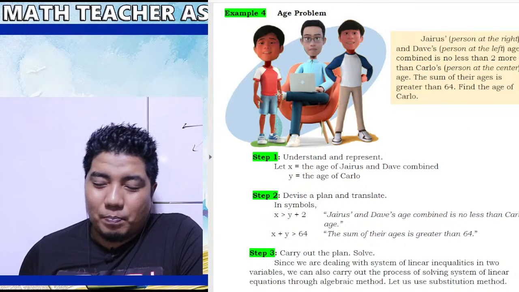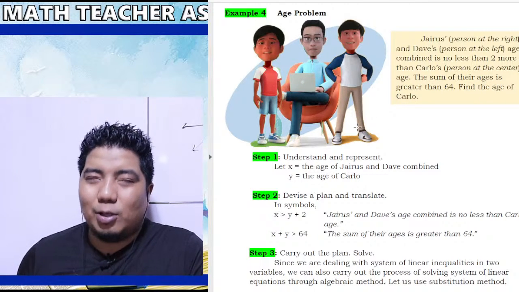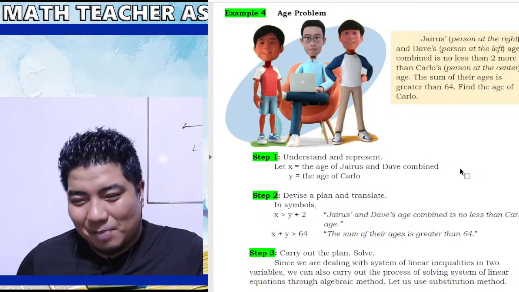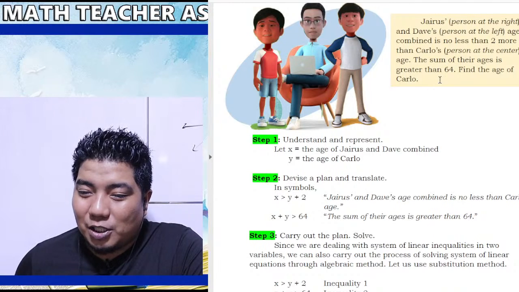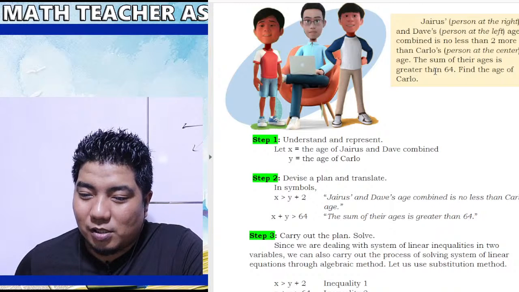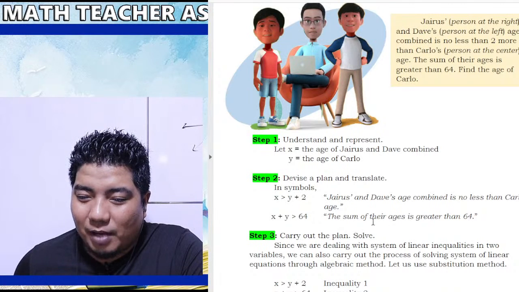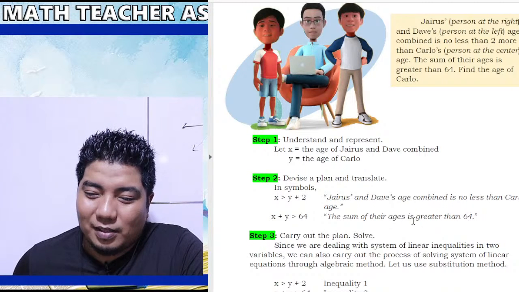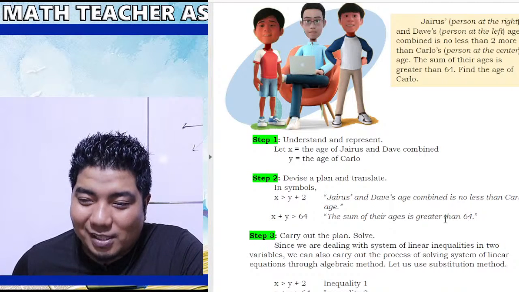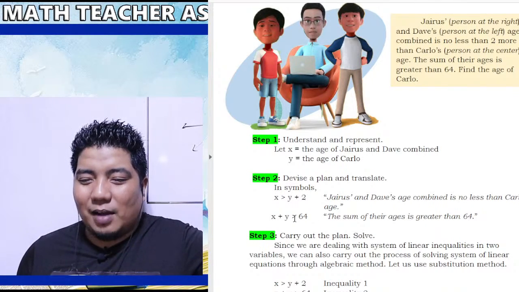Because what is being compared here is the combined ages of Dave and Jairus, and then Carlo is the other one being compared. So, the first statement is that the sum of their ages is greater than 64. When Jairus and Dave are added together, the answer is more than 64. Greater than 64, meaning their combined age is more than 64.